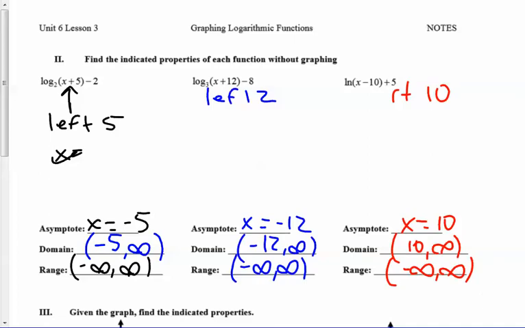All right, so all you're doing is looking at that horizontal shift, find the asymptote. Use that to set your domain, and your range is always going to be all real numbers for log functions. Okay. So that's given the function.